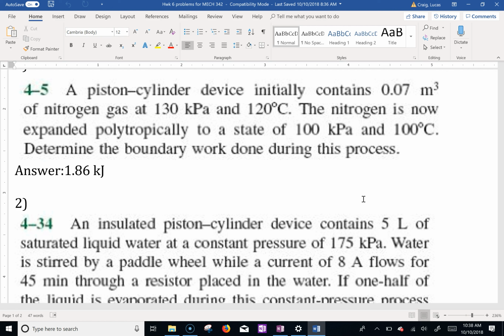Go back to the table. You probably might need R, Cv, Cp, right? So I would write those three down. And you already know that initially you know your volume, V1, you know P1 and you know T1. Okay? And if it says it's nitrogen, then it's definitely a gas.